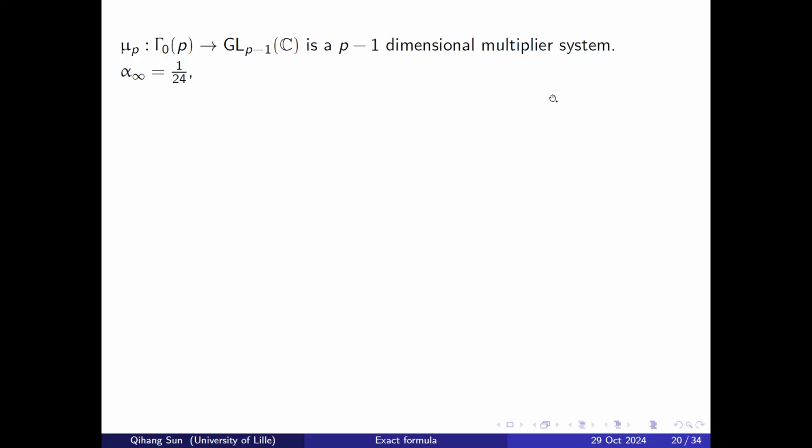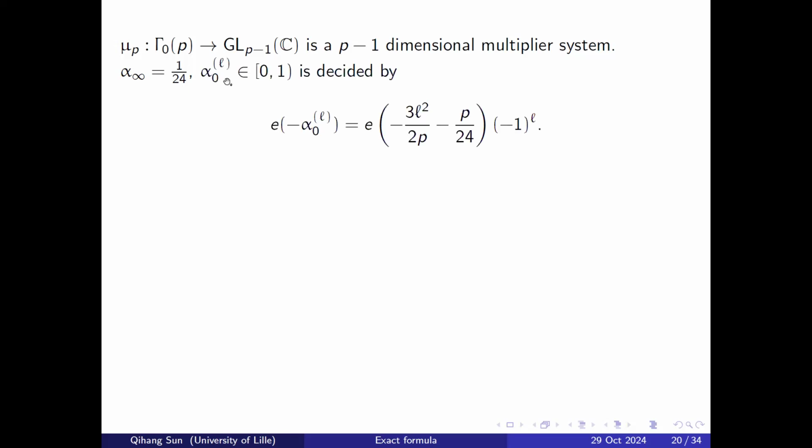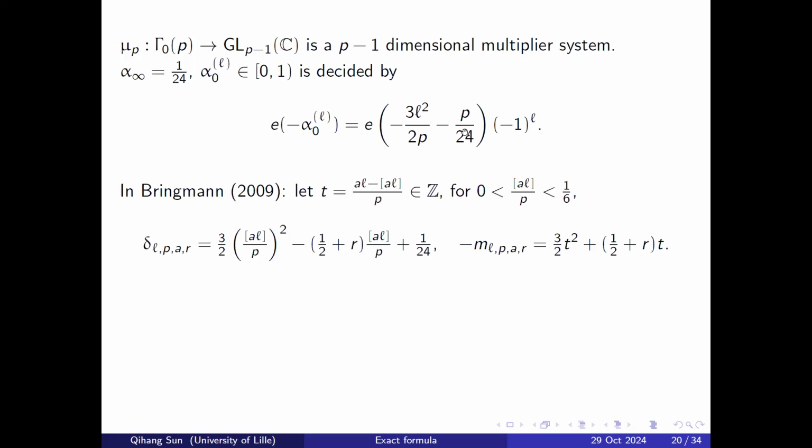So we have mu p defined before, and the parameter at cusp infinity is just 1 over 24. This is simple. The parameter at cusp 0 is decided in this way, depending on L. And if you put L inside here, this should be e to the power of 1/2 L, or 3/2 L, or 5/2 L, any integer plus 1/2 times L.